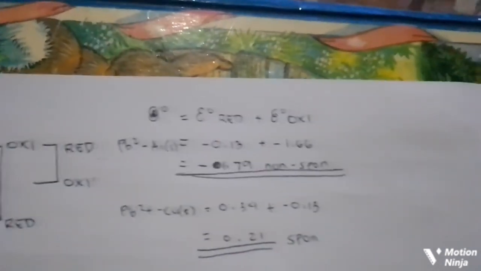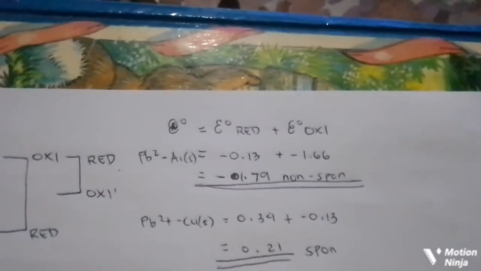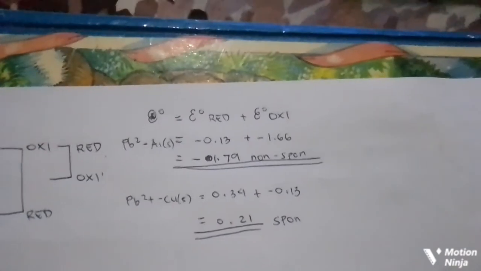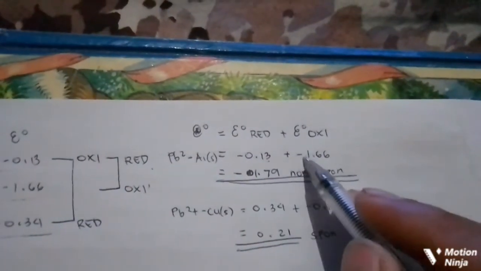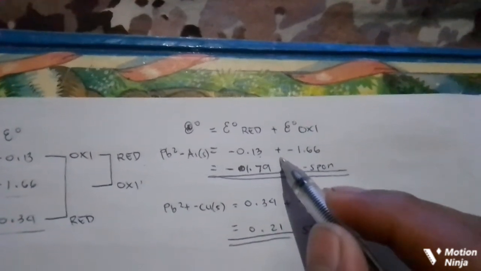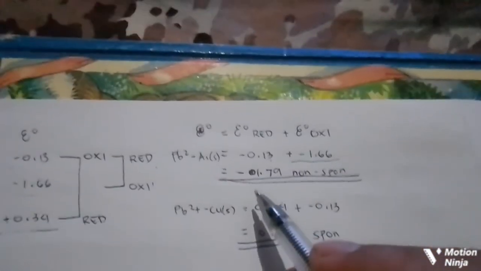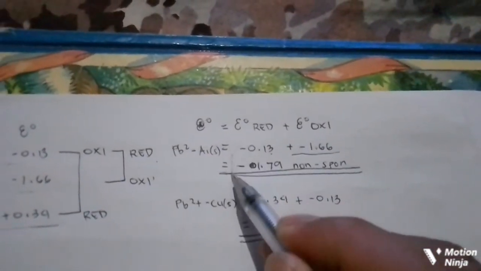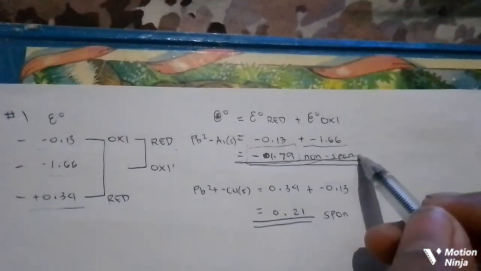The formula is E naught cell equals the cell potential of reduction plus the cell potential of oxidation. Our reduction is Pb, which is negative 0.13, and our oxidation is Al, which is negative 1.66. Adding them, the answer is negative 1.79, which is a non-spontaneous reaction.